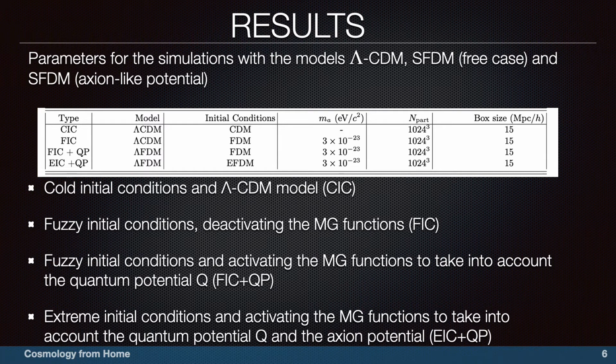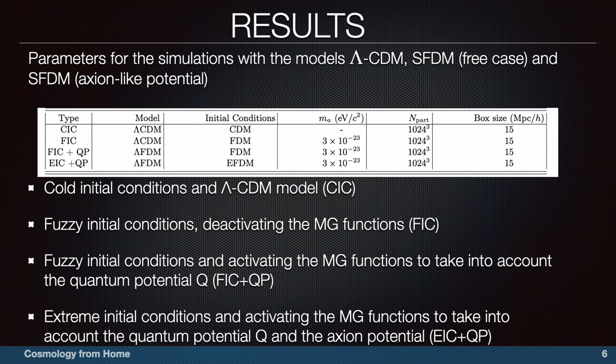Now I'm going to show you the results of the implementation. Here we have the free case, the axion-like potential case, and for reference, the ΛCDM case. All the simulations have a box size of 15 Mpc and 1024^3 particles.